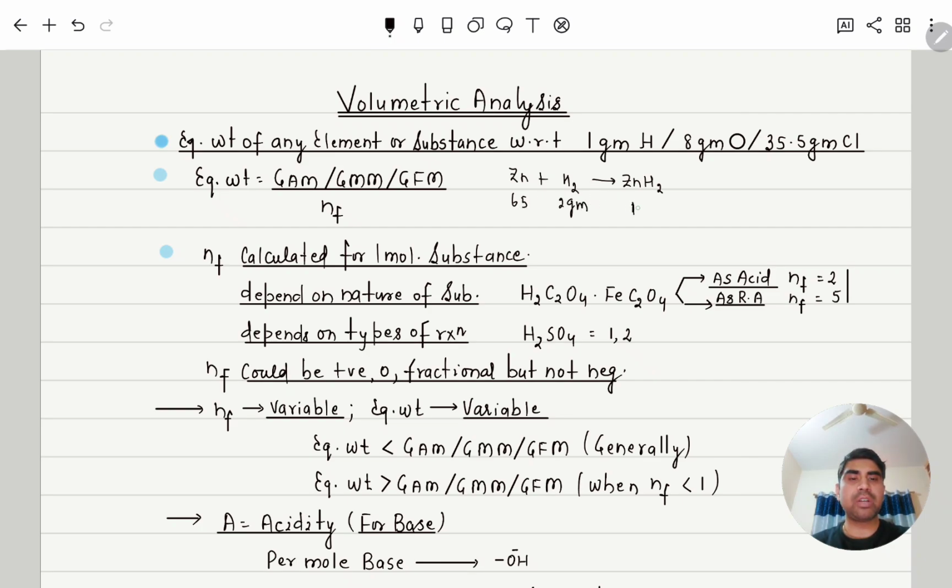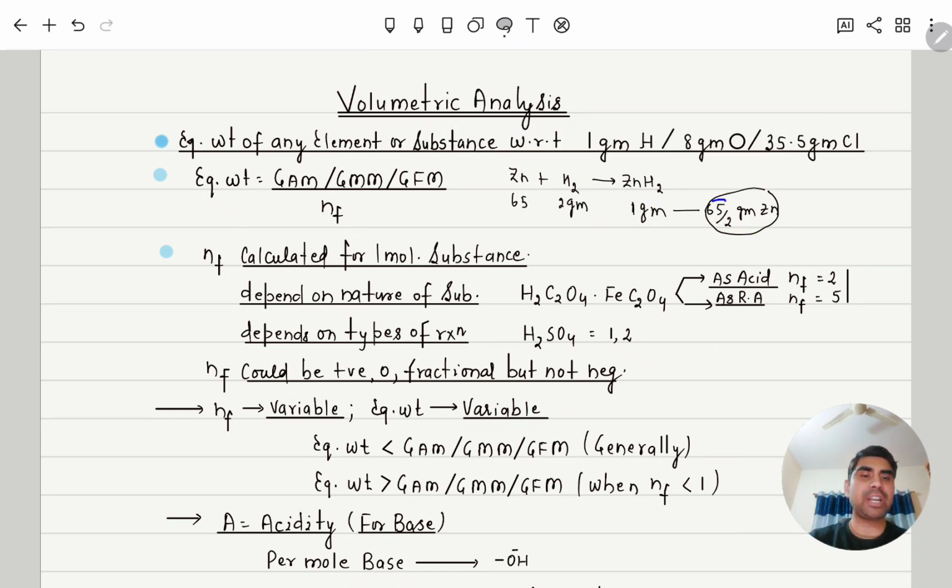So for 1 gram of hydrogen, how much zinc will there be? 65 by 2 grams of zinc. This is the equivalent mass of zinc with respect to either 1 gram of hydrogen or 8 grams of oxygen or 35.5 grams of chlorine. Like that, we can define the equivalent mass of any substance.